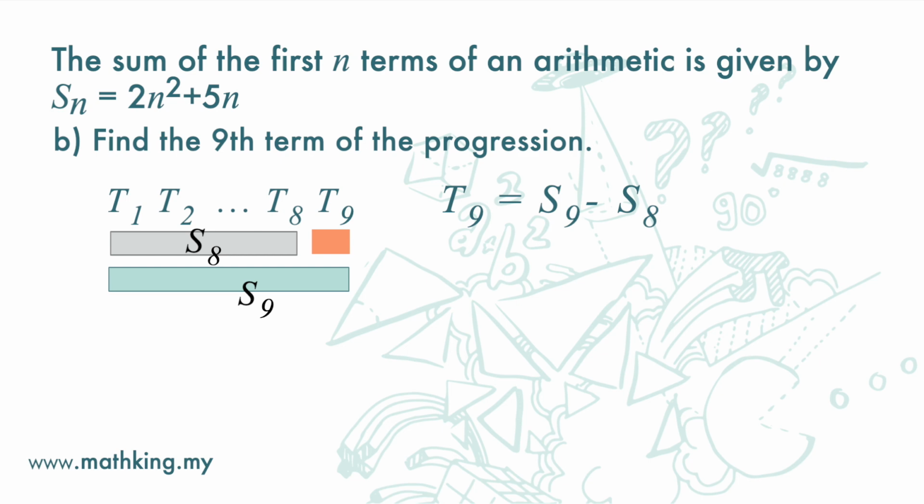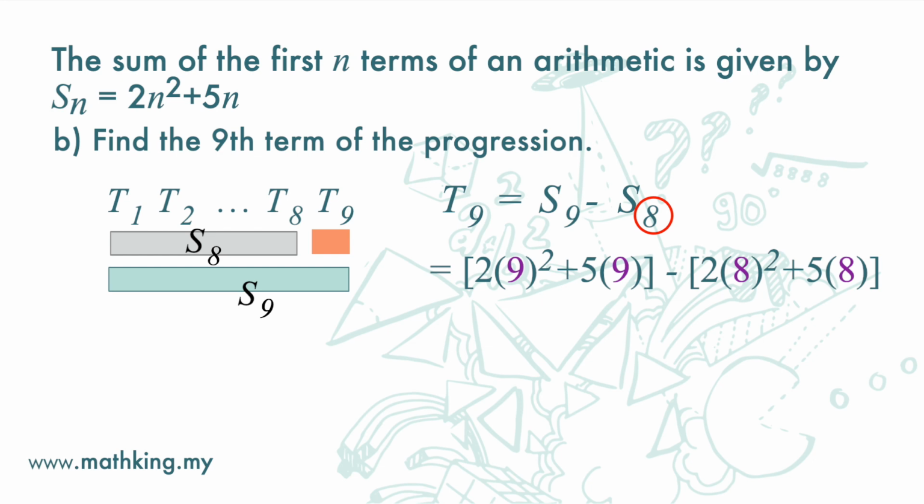And we plug in the numbers. 2 times 9 squared plus 5 times 9 minus 2 times 8 squared plus 5 times 8. And we get 39.